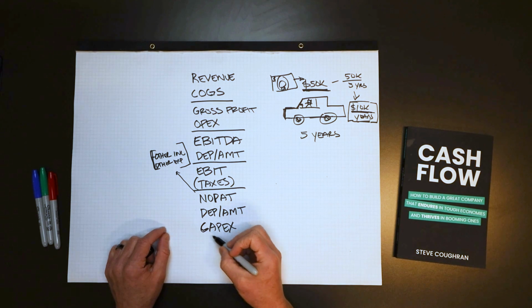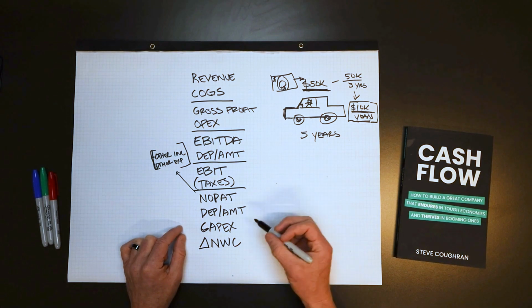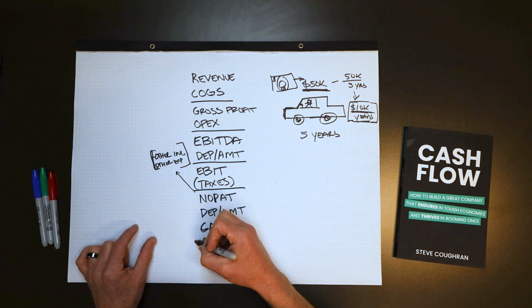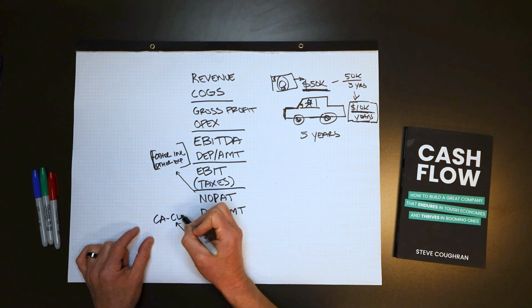And then we also have to account for changes in net working capital. This is a big topic. I talk about this all the time, but I have to break it down into small chunks because otherwise it could be super overwhelming. So from a simplicity standpoint, check this out. It's just current assets minus current liabilities.